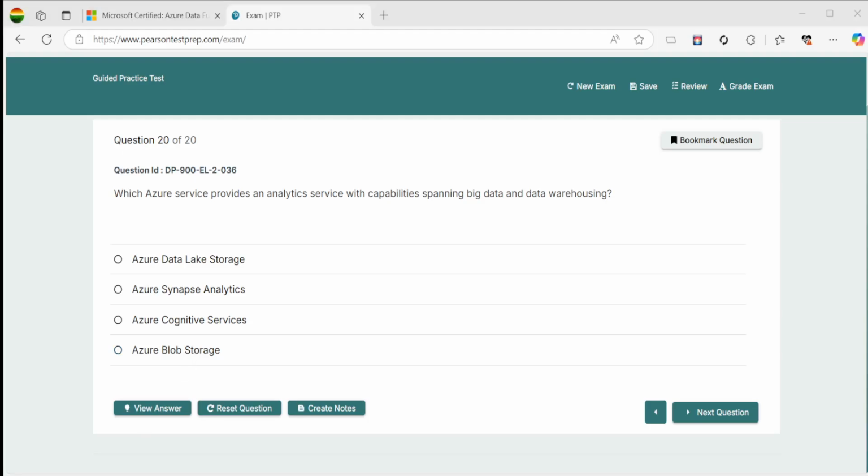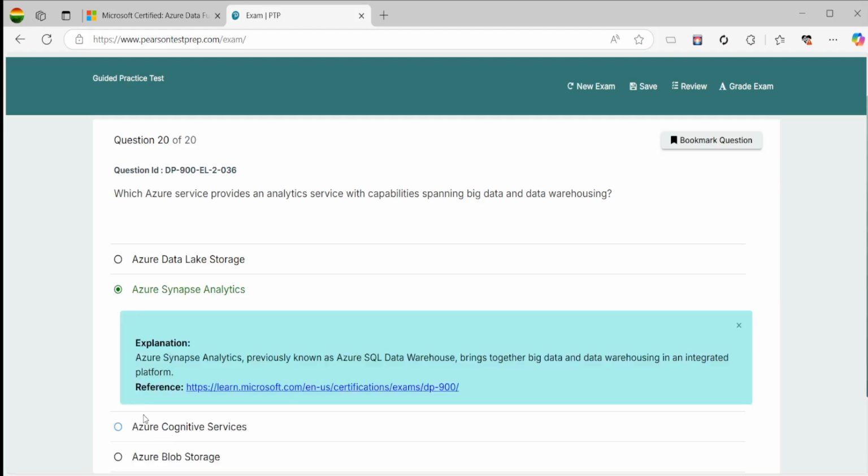The key to this question is analytics services for big data and data warehousing. Well, big data and data warehousing makes you think of a data warehouse, not a data lake. Azure Cognitive Services is for machine learning. Azure Blob Storage is for unstructured data or binary files, but analytics services are provided by Azure Synapse Analytics.